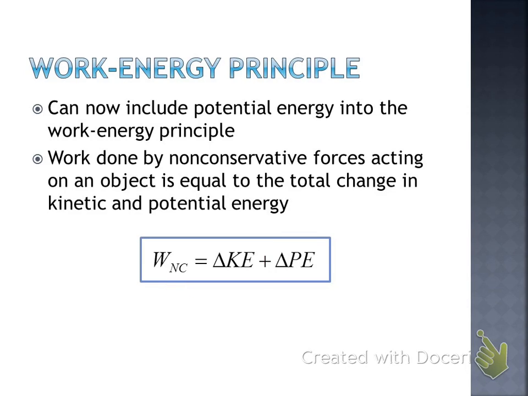Okay, so work that's done by non-conservative forces acting on an object is equal to the total change in kinetic and potential energy. Okay, so even though potential energy can only be defined for a conservative force, we can still go ahead and plug it into this equation for non-conservative forces.